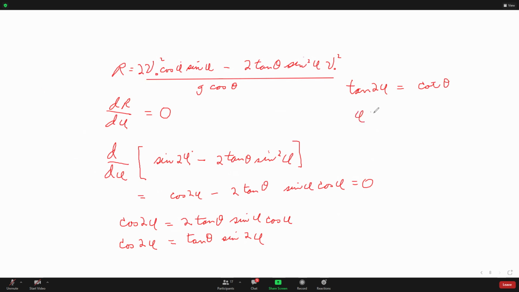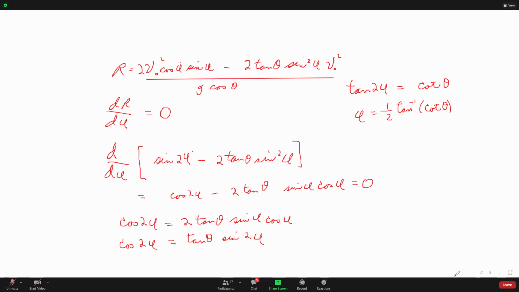So phi is equal to 1/2 the arc tangent of the cotangent of theta, right? Okay. So that's our answer, at least in one form, although we can simplify it.